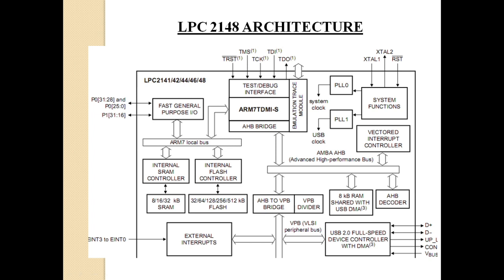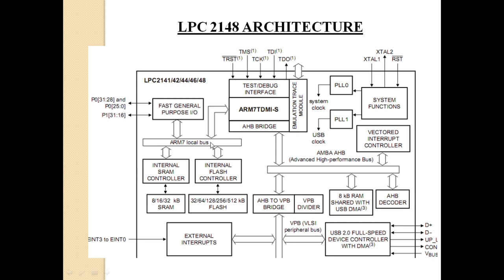Right. Then in addition to the advanced high performance bus and the VLSI peripheral bus, there is one more bus known as the ARM7 local bus. This is the fastest bus available in ARM. So in ARM, if you are drawing three subdivisions, you have the ARM7 local bus, AHB bus, and VPB bus. Out of this, the ARM7 local bus will be operating at the highest speed. Why?